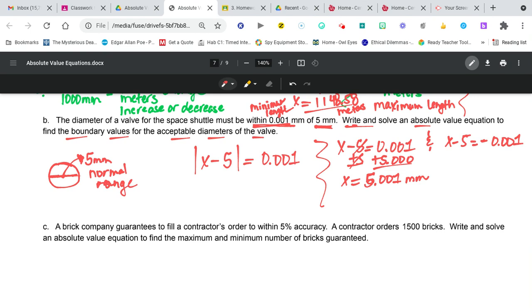Okay, what is the smallest diameter that it can have? So I can get rid of that minus 5 with plus 5. And I know the bigger number is not on top. But guys, if you need to put the bigger number on top and subtract, go for it. But if I take 1,000th away from 5, I'm going to end up with this, guys. 4 and 999 thousandths.